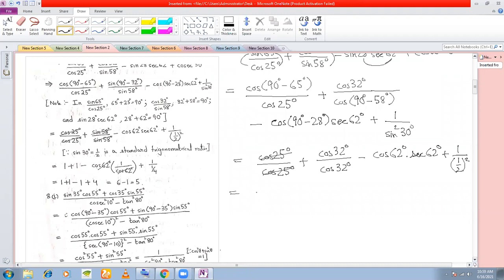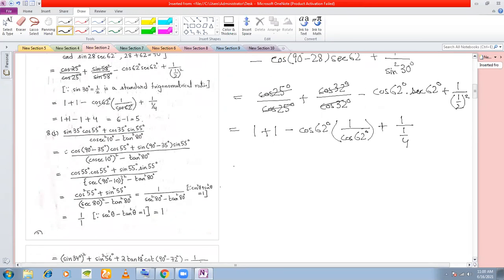These two will cancel, you get 1, plus again these two will cancel, you get 1, minus cos 62 times sec 62, which can be written as 1 by cos 62, plus half square is 1 by 1/4. So you get 1 plus 1 minus, cos 62 will cancel, 1, plus 4. So you get 6 minus 1, which is equal to 5. And that is the answer.